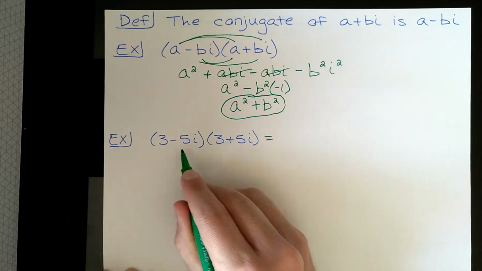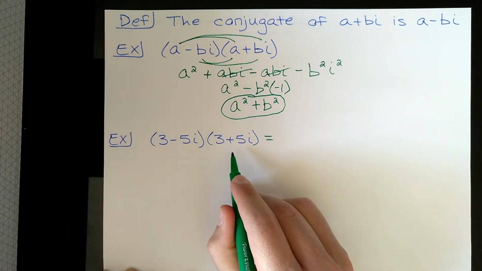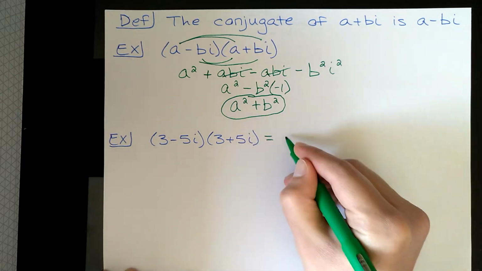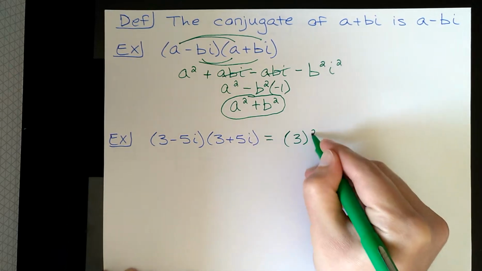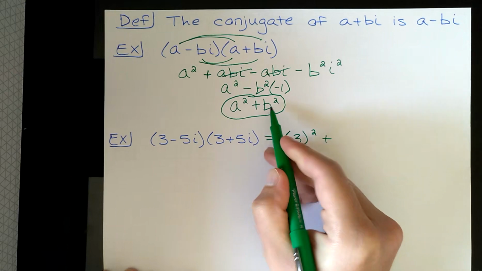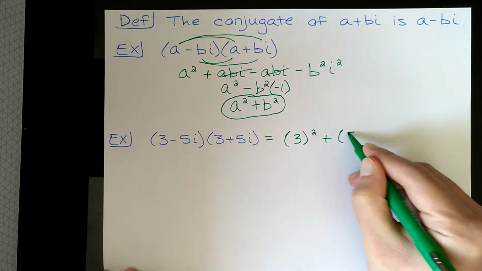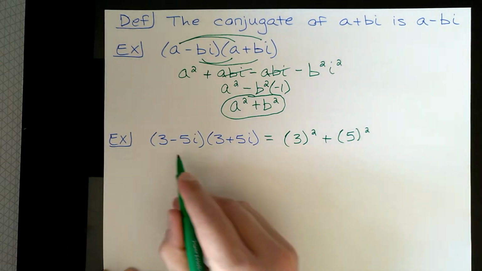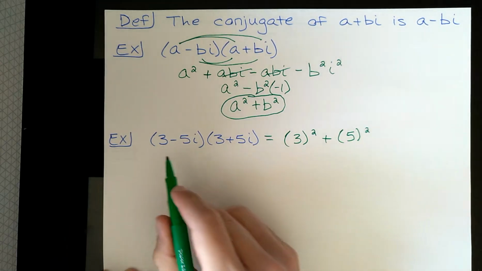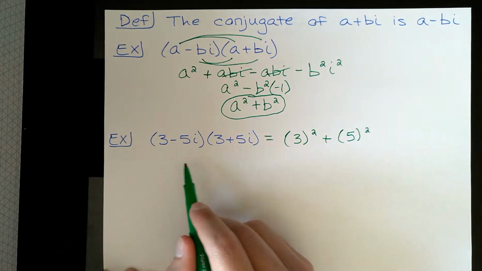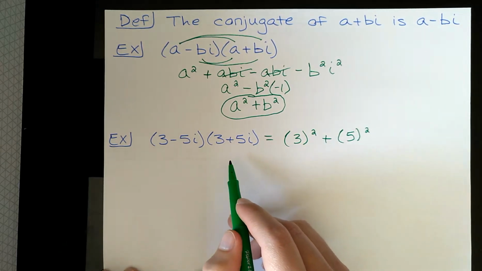When you multiply two complex conjugates, you get the real part squared, which is 3, plus the imaginary part squared, which is 5. Just make sure it is in this correct order, 3 minus 5i times 3 plus 5i, or 3 plus 5i times 3 minus 5i.